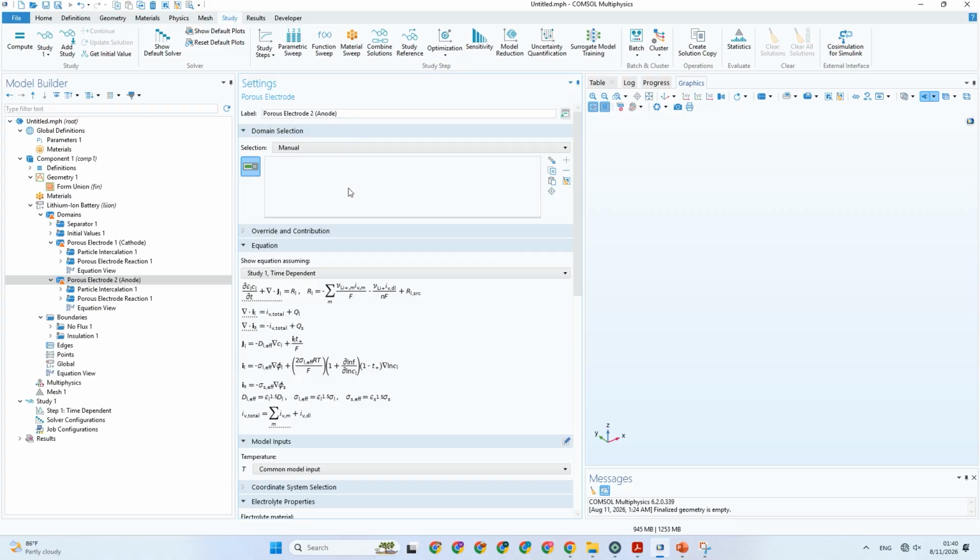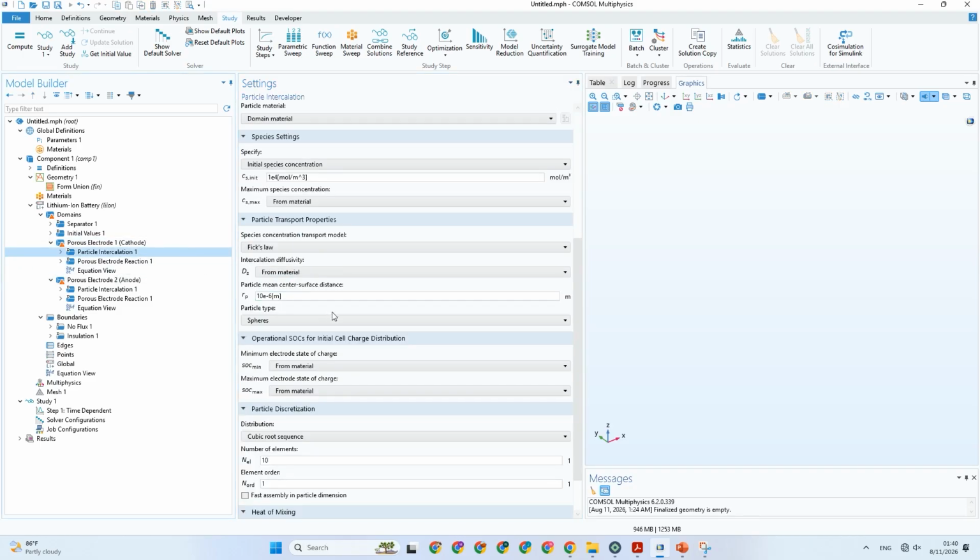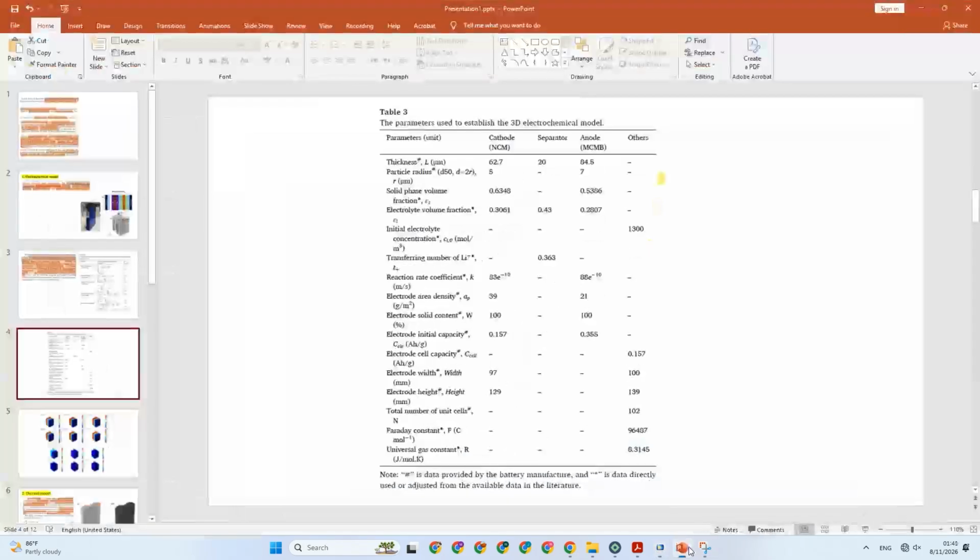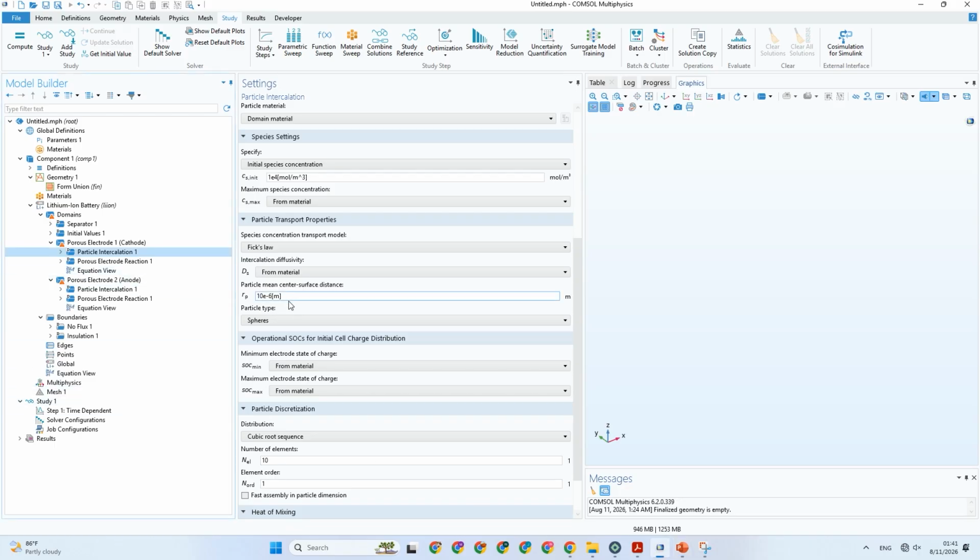As anode. Okay. And the particle radius for cathode is 5 micrometer, and for anode is 7.5. That is 5 micrometer, it's E minus 6 meter.